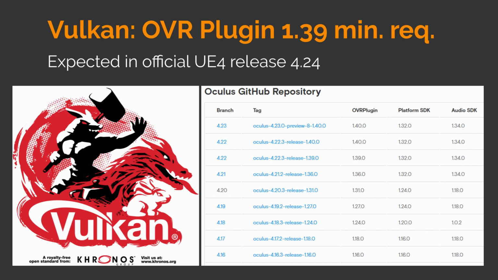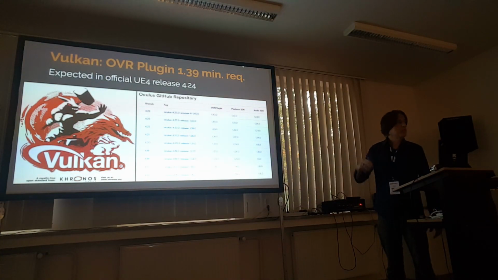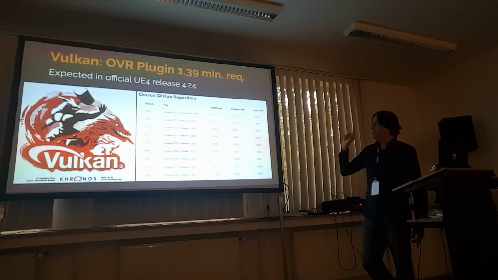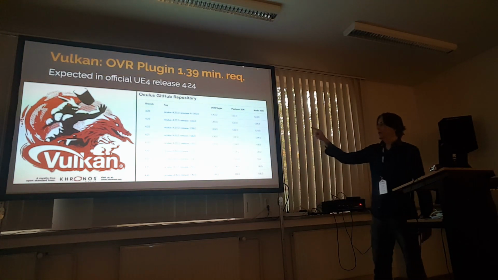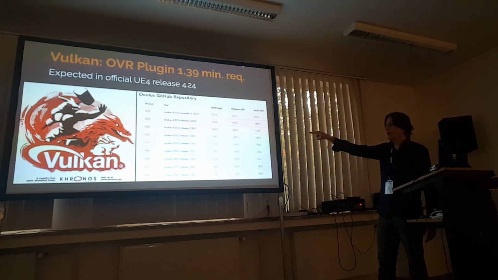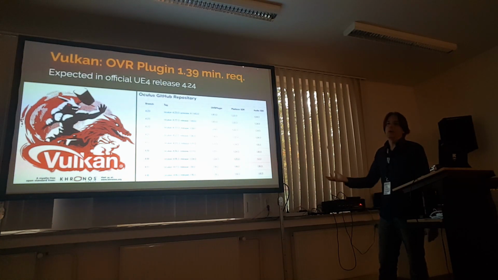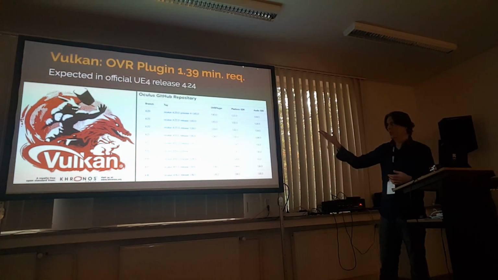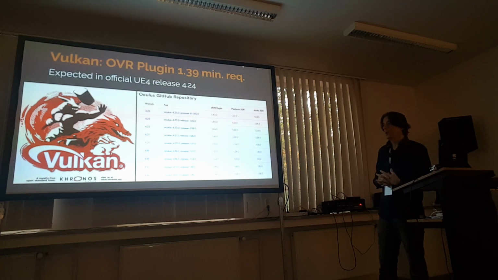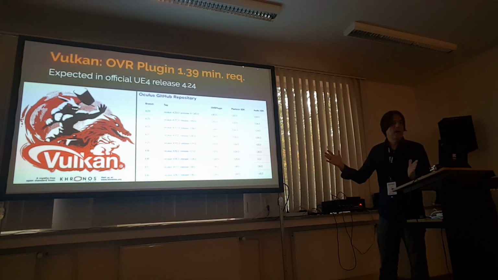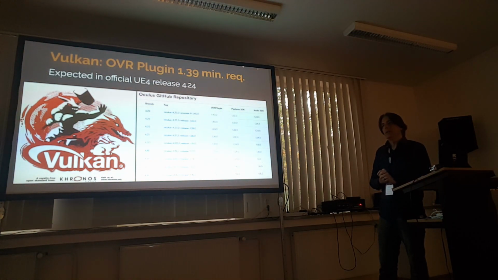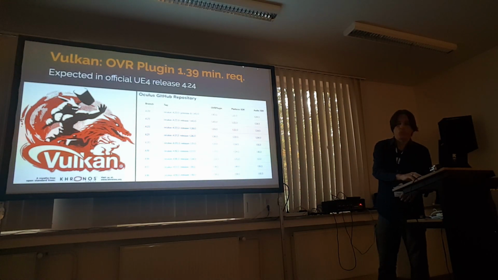To do that, you have to sync your Epic Games account with your GitHub account, and then you can pull the Oculus branch. What you need is the 1.39 Oculus VR plugin, and you can pull that branch. It's expected to be in the official version soon, probably in the next release, 4.24. They always lag behind a few versions, but it should be in the next release by Unreal.